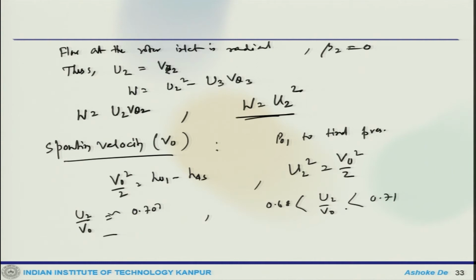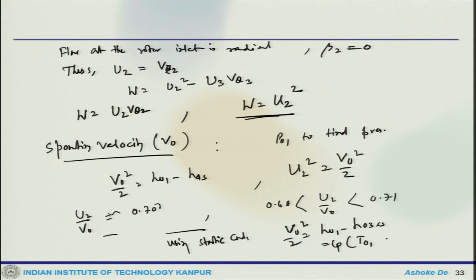When no diffuser is used and if the total conditions are used instead of static, then V naught square by 2 is H naught 1 minus H naught 3 s s, which is C p into T naught 1 minus T naught 3 s s.